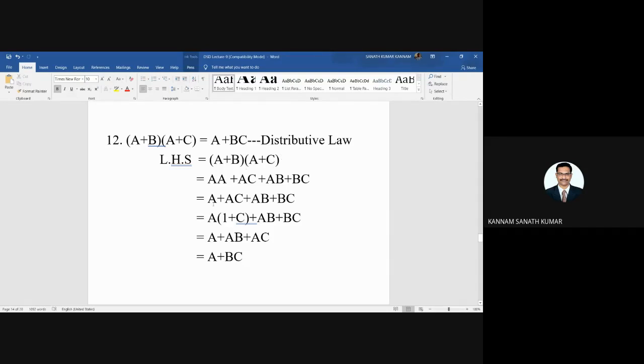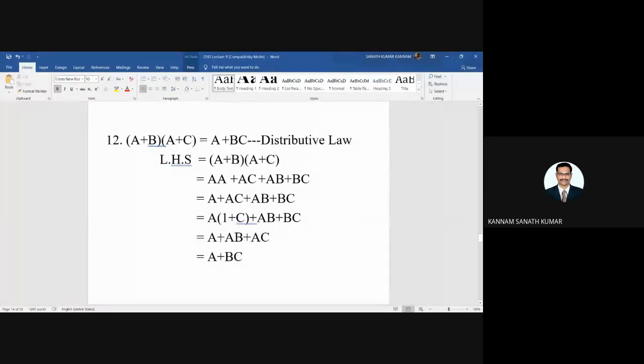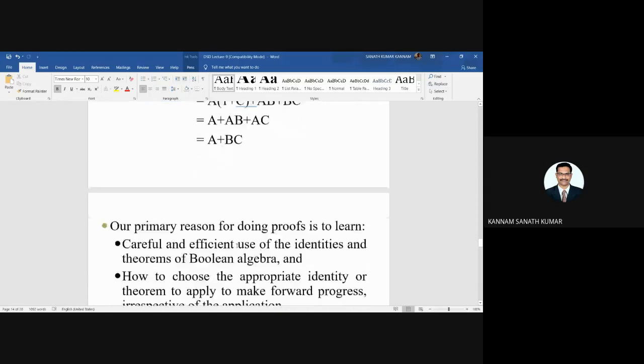So A into A, you know, AC plus AB plus BC. So from these two terms, you can take A common, so 1 plus C, AB plus BC. 1 plus C is equal to how much? 1. So that means you are getting A. So A plus AB, from the absorption law, this is nothing but A plus BC. Okay. So A plus B into A plus C equal to A plus BC. Okay. So this is the distributive law.